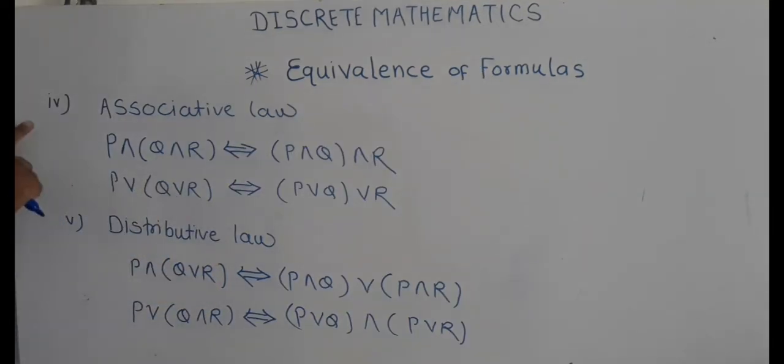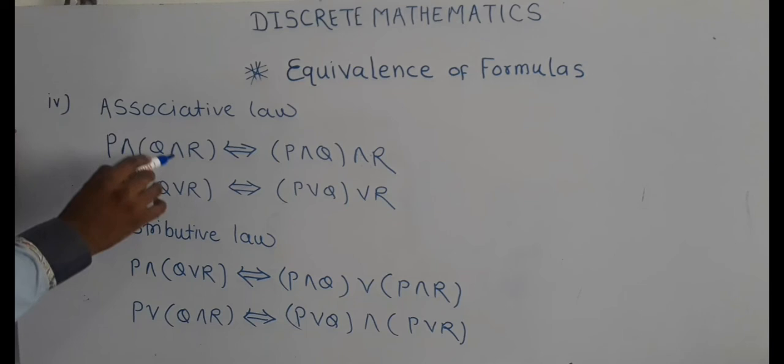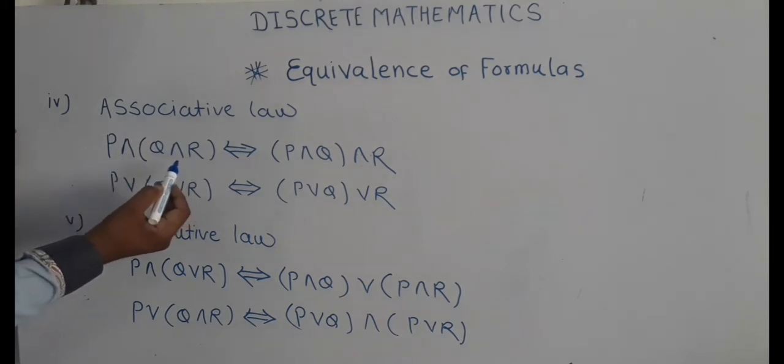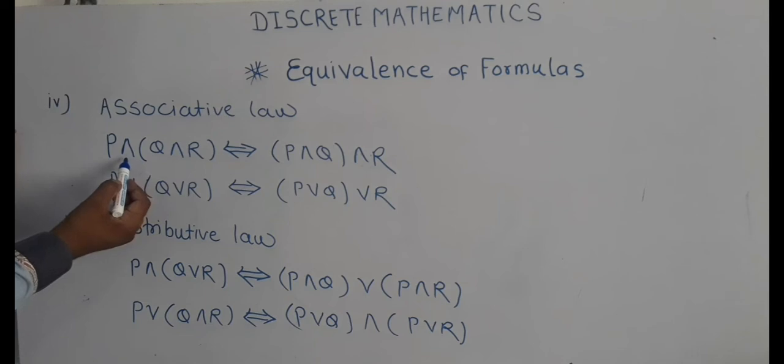Now we have the next two laws. The fourth is the associative law and the fifth is the distributive law. The associative law is for when we have more than two variables, and inside the bracket and outside the bracket there are the same connectives.